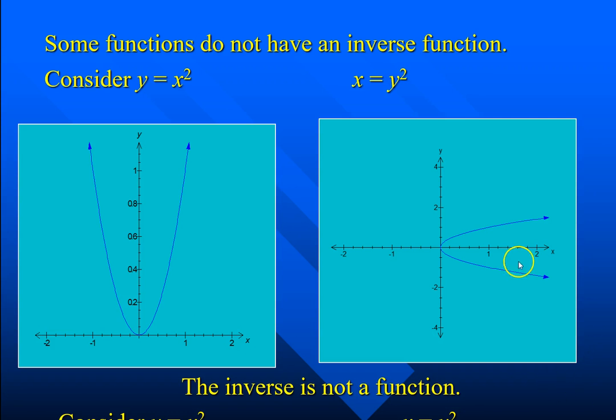This graph here, not passing the vertical line test, it's not a function. Definitely not a function. So y equals x squared passes the vertical line test. It is a function, however its inverse is not a function.